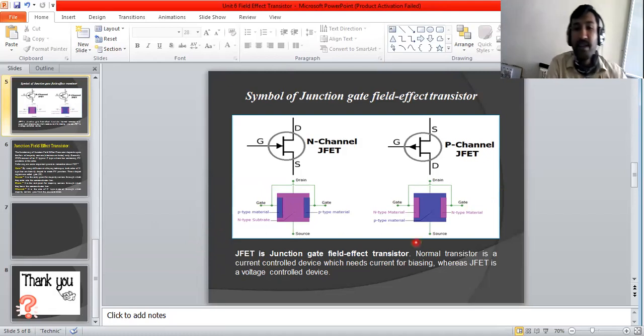If you see in a P type, the majority is pentavalent, so it is named as a P type. Now, if you observe the symbol, the arrow on the gate terminal indicates the current direction.